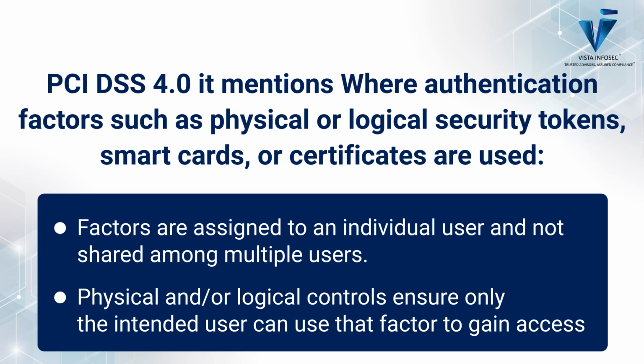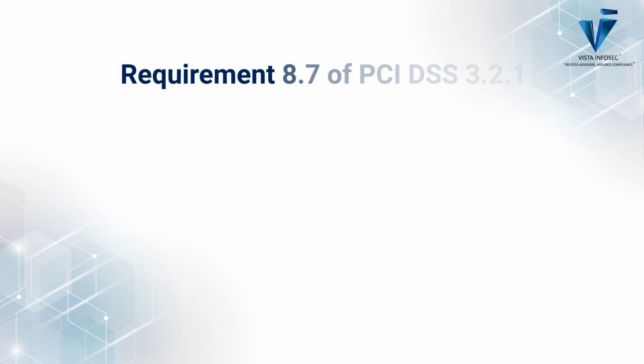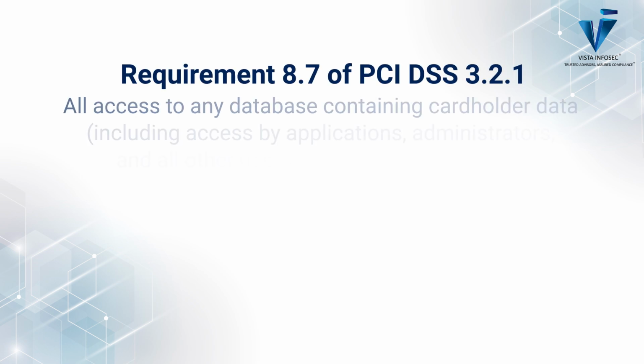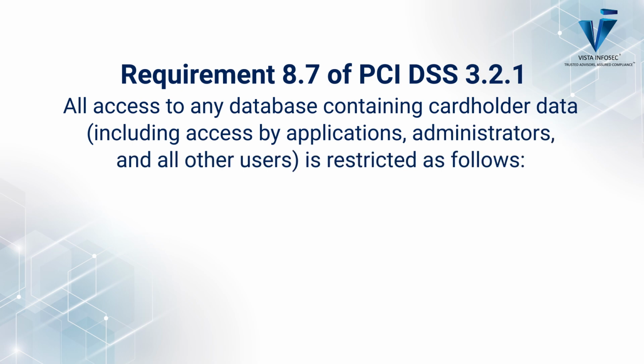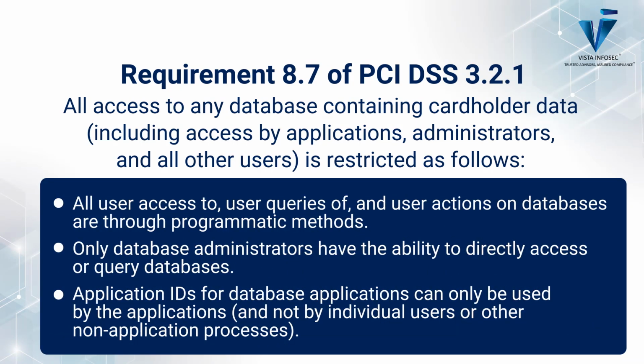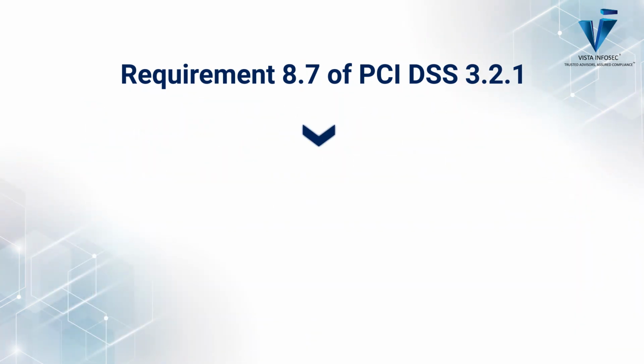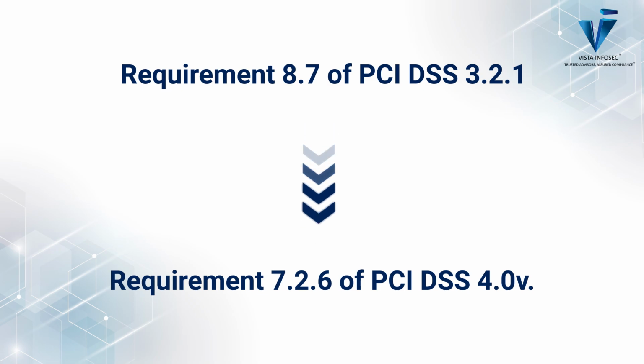And the next requirement of the older version is requirement 8.7, which mentions all access to any database containing cardholder data, which includes access by applications, administrators, and all users, to be restricted in the three ways that you can see on the screen. Now this requirement is moved to requirement 7.2.6 of the latest PCI DSS 4, because there it aligns much better with the content of requirement 7.